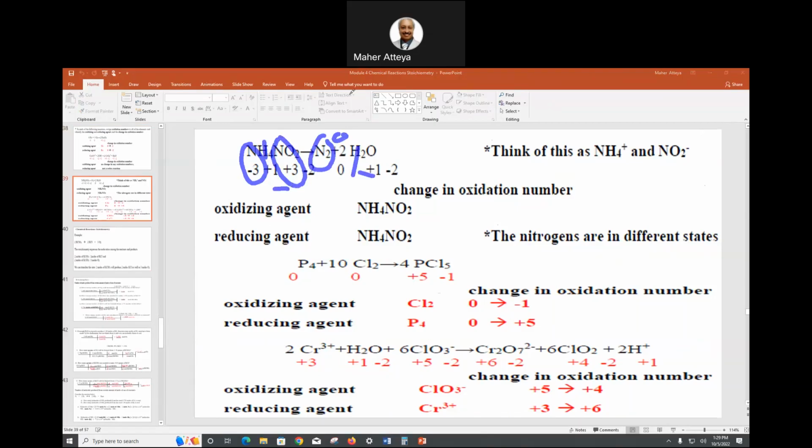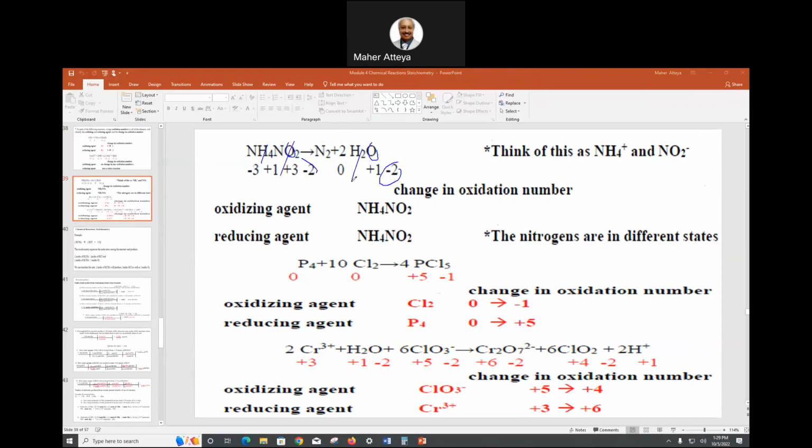Oxygen is -2, -2. That's out. So hydrogen and oxygen are out of consideration. We have 2 nitrogens.